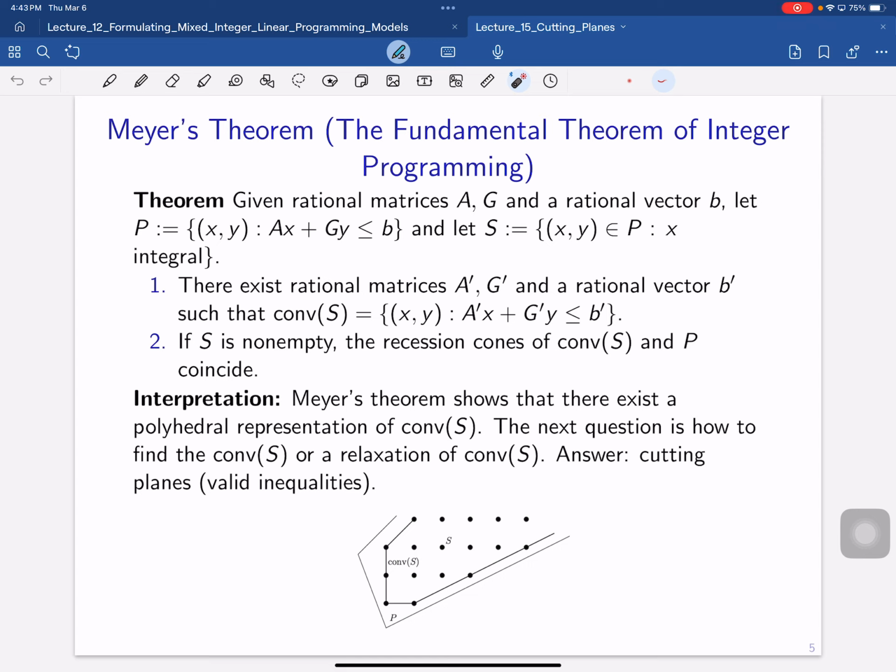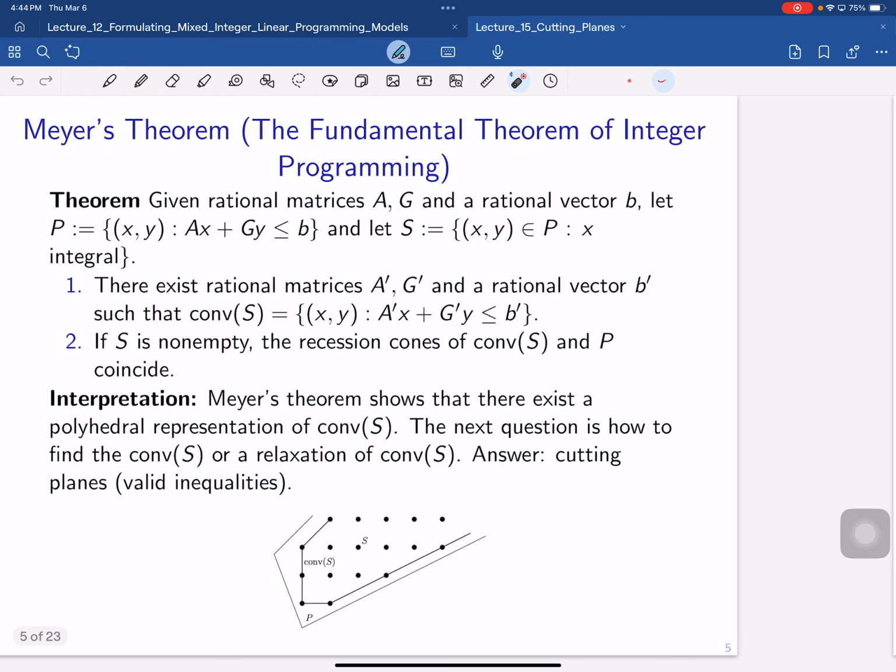And the recession cone would be the cone that you can extend to infinity, right? So the recession cone of the convex hull and the recession cone of P coincide in this case. But for most of the problems, you can imagine we are dealing with bounded problems. You can just think about the convex hull being described by a bounded polyhedron. Okay.